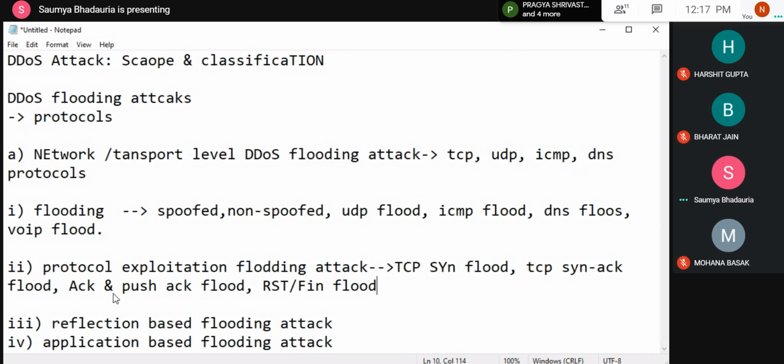Bharat, ma'am, in establishing TCP at the transport layer. Are you sending RST or FIN? Anybody else?